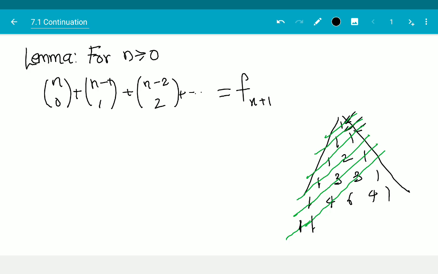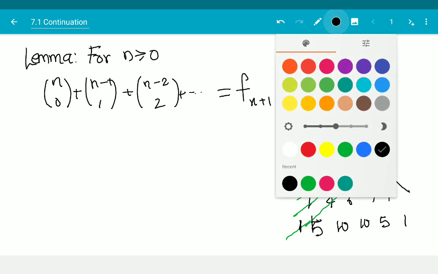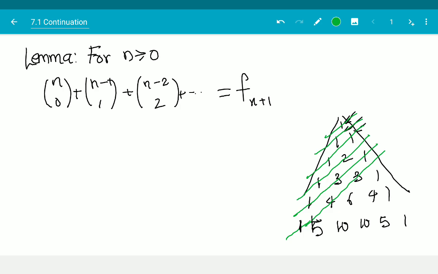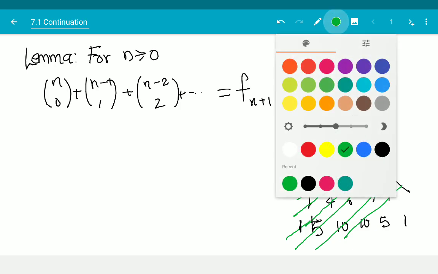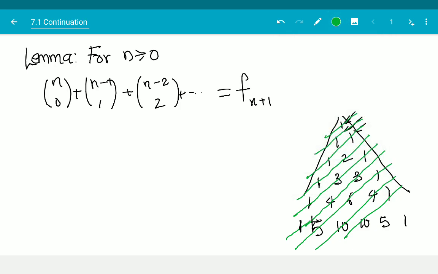1, 5, 1, 5, 10, 10, 5, 1, and so on. So this will cut through these. And so if you look at the sum of these lines, that gives you 1, 1, 2, 3, 5, 8.